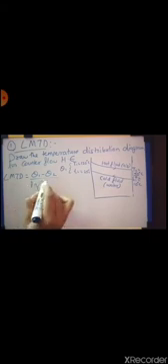Okay. Next we have to find out LMTD. We know the formula for LMTD is LMTD is equal to theta 1 minus theta 2 the whole divided by ln of theta 1 divided by theta 2.